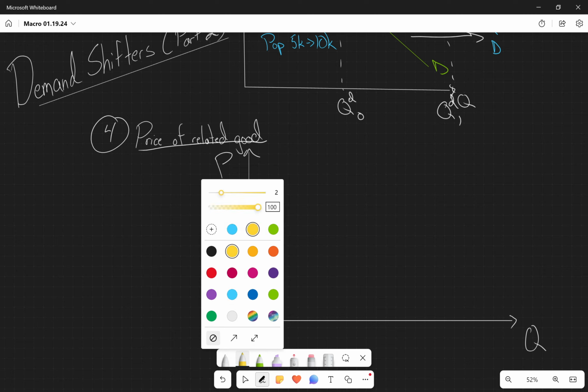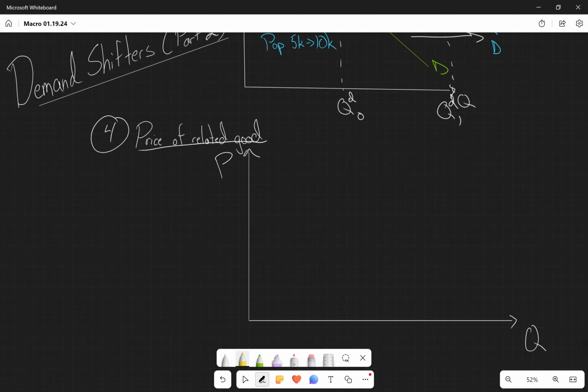The first one is something we're all used to, a substitute good, or service. We just say good, and we mean good or service in this class. A substitute good is a good that you would buy instead of the other good, right?